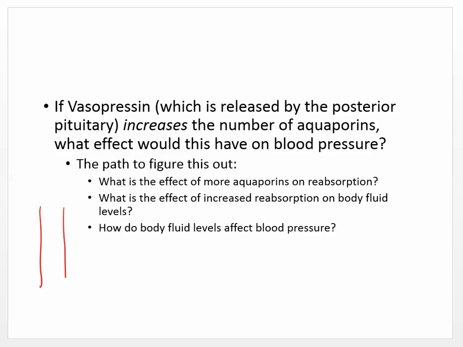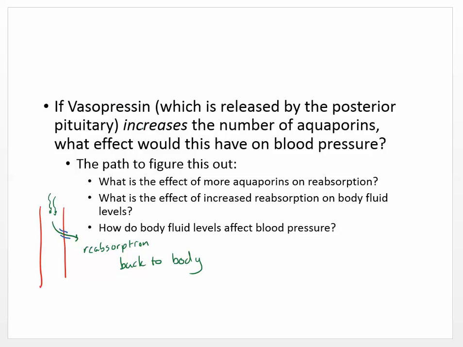Your job here is to remember, if this is the tubule, that the aquaporins are letting the water out, so it's causing reabsorption. Okay, so that means that the water is going back to the body.